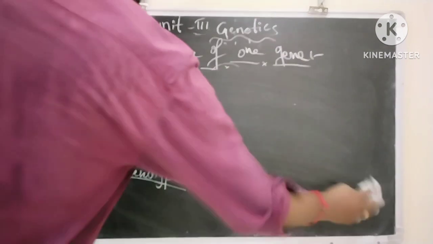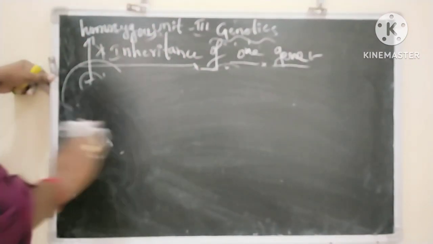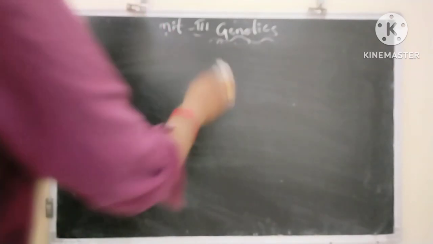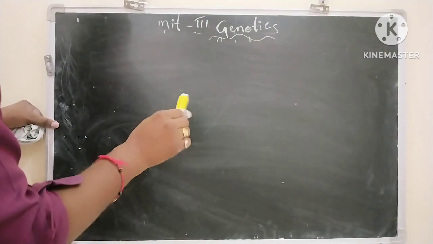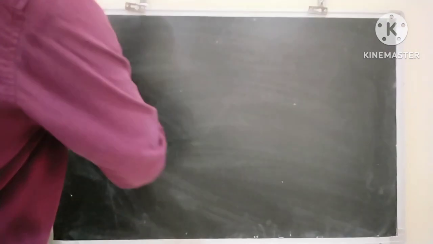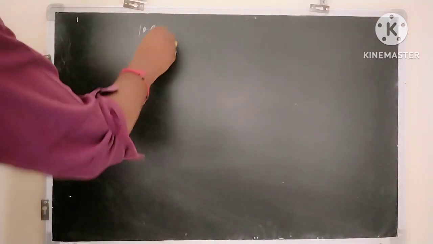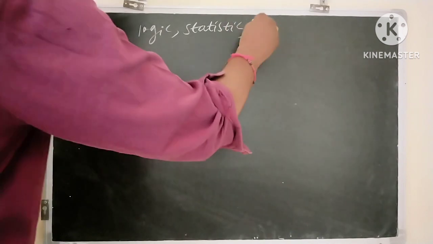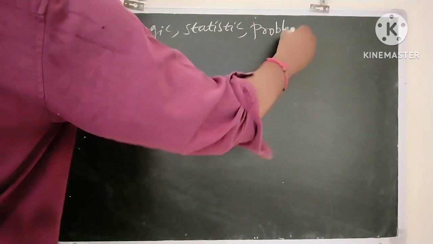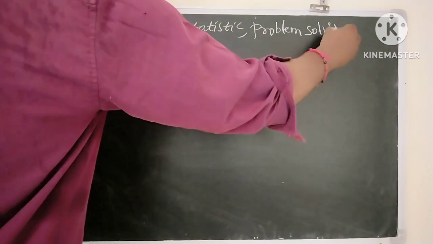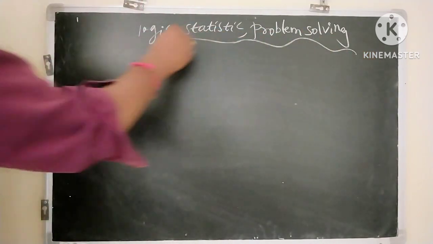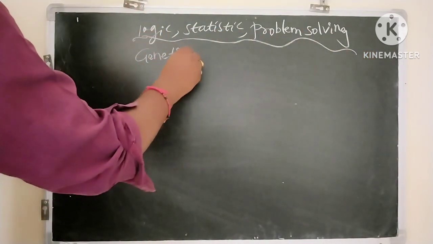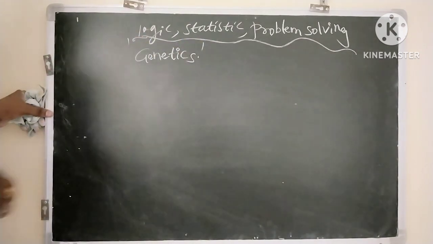So Mendel also expressed them in the form of probability. Why? Because genetics is the branch of biology where logic and statistics are applied and problems are solved for the first time in biology. Mathematics is involved in biology in this branch only, which is genetics.